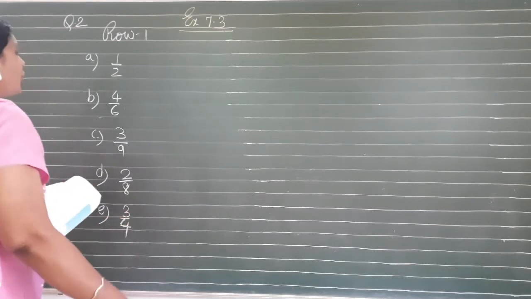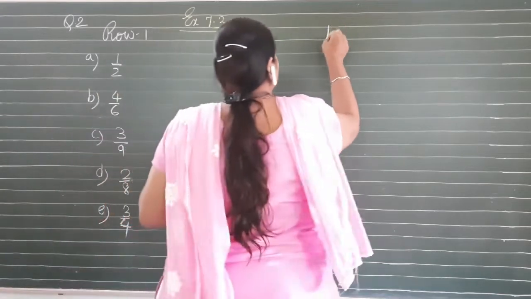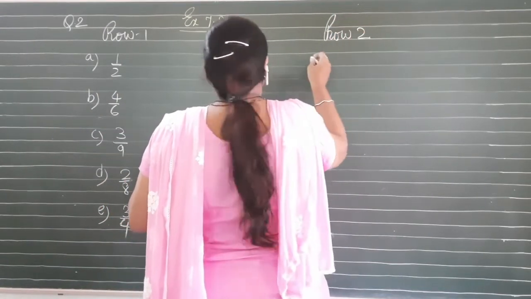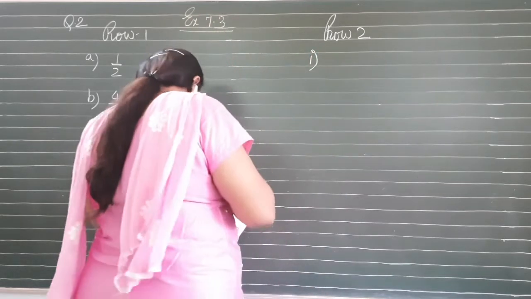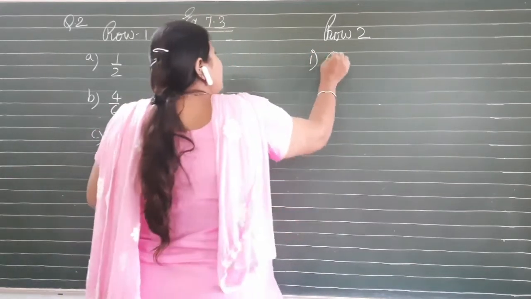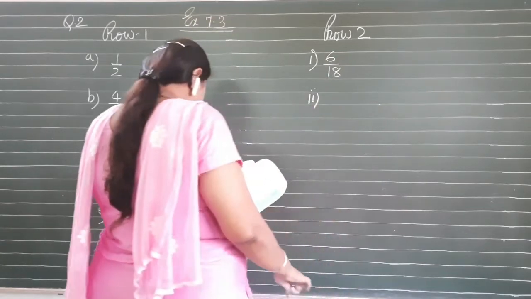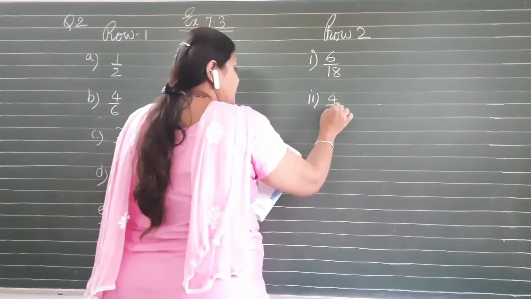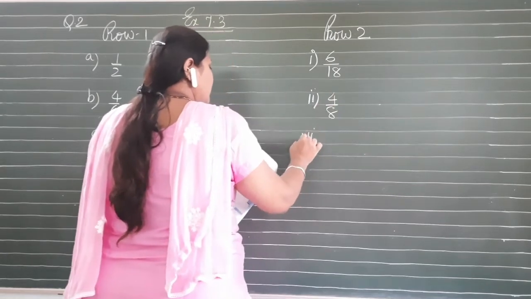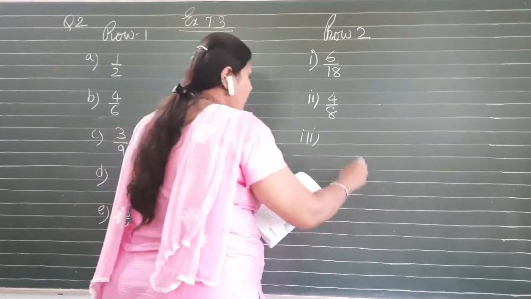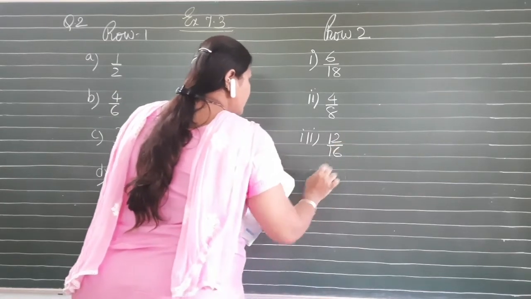Let us check row 2. In that, first is 6 upon 18. Second is 4 upon 8. Third is 12 upon 16.